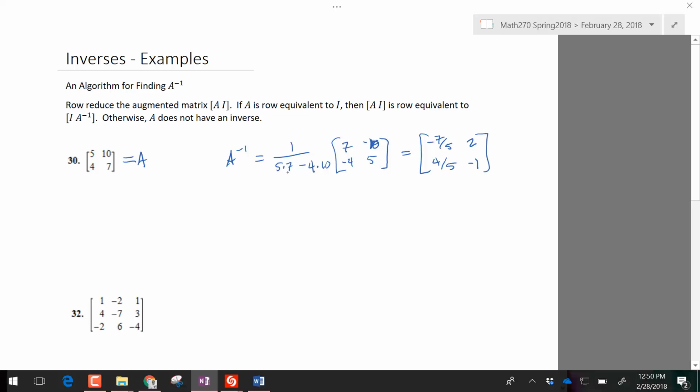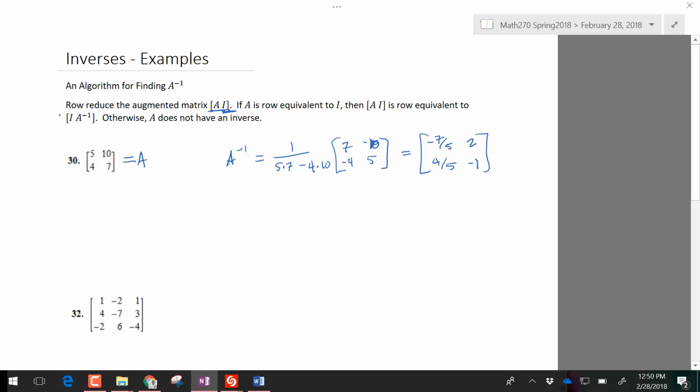All right, let's try this new algorithm that we just ended on last time, and see if we get the same results. According to the algorithm, we want to begin with an augmented matrix where we have A, and then on the right of A is the identity matrix. Then we do a bunch of elementary row operations, so that the first part of the matrix that used to be A becomes the identity.